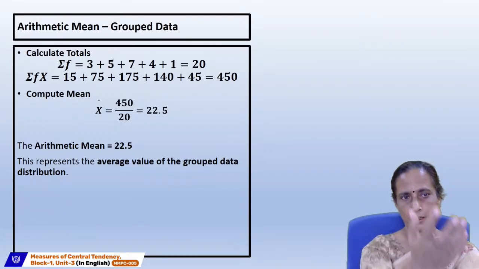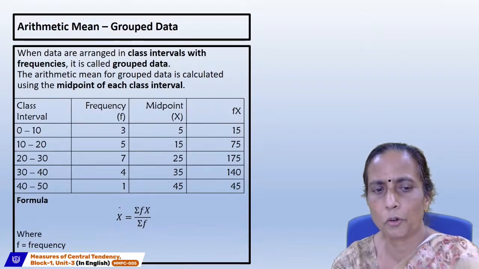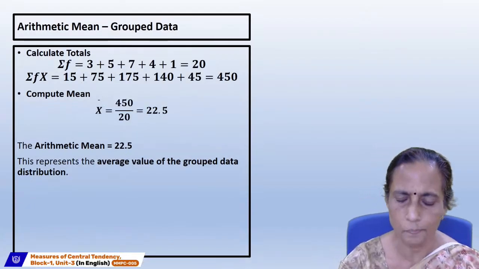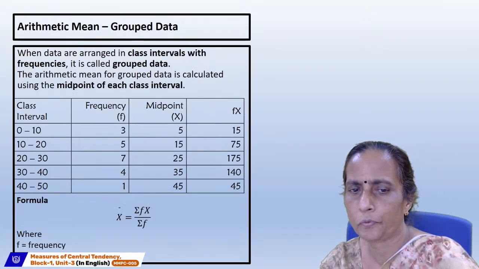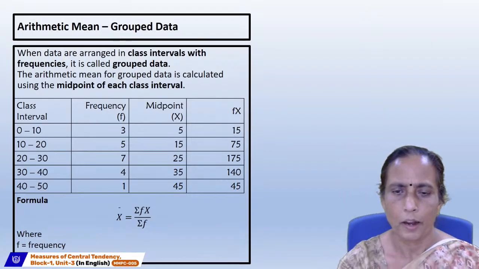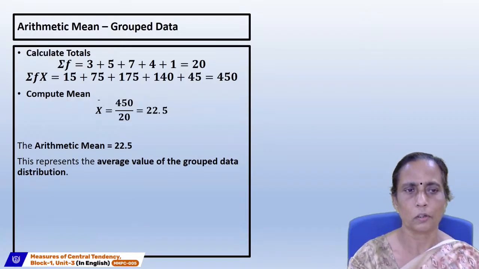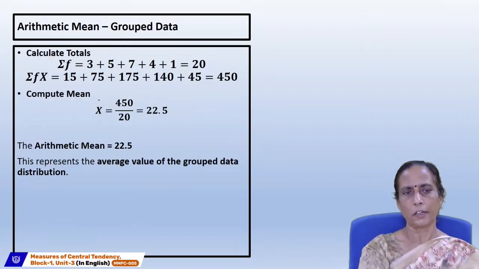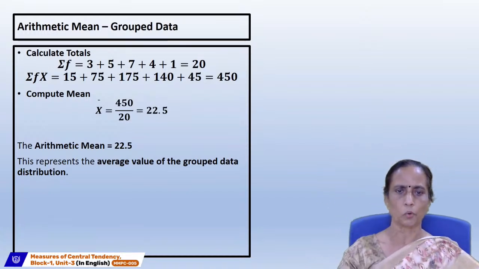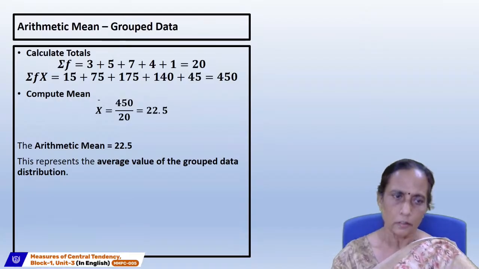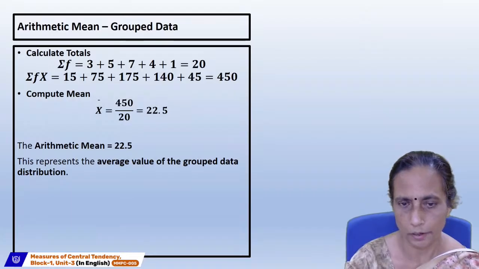Over here summation of f is 3 plus 5 plus 7 plus 4 plus 1, that is 20. And for summation of fx, 3 into 5 is 15, 5 into 15 is 75, and so on, and the sum of it is 450. So mean is equal to summation of fx by summation of f, that is 450 by 20, which is 22.5. So this represents the average value of the grouped data.